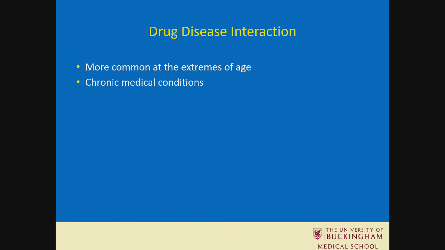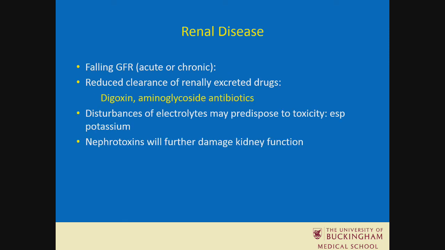And also chronic medical conditions, not surprisingly, have effects on this. If we look at renal disease, if you've got reduced renal function, then renally excreted drugs are going to be affected.